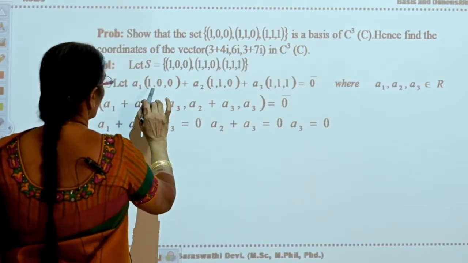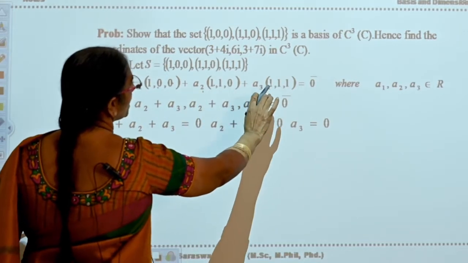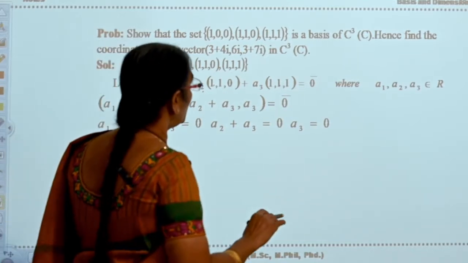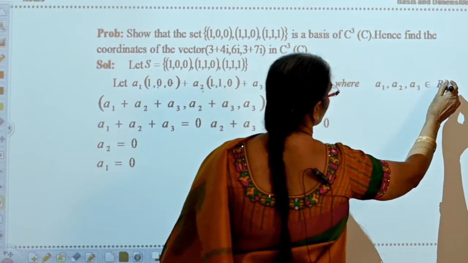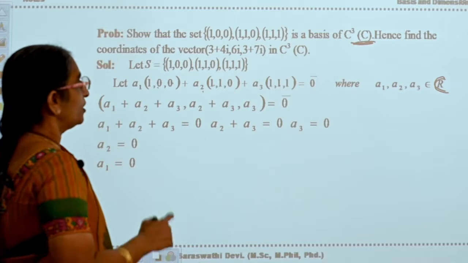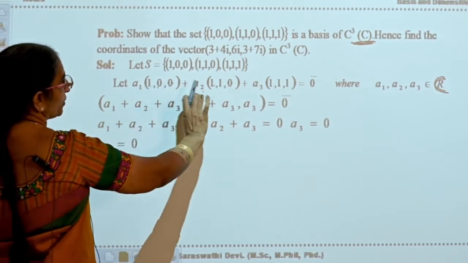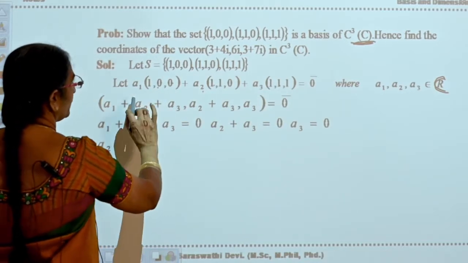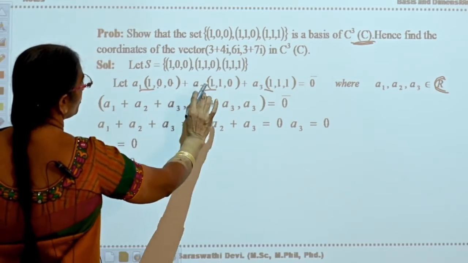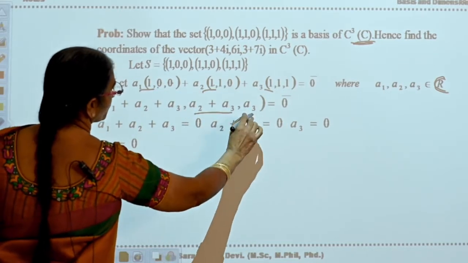Now consider a1 times (1,0,0) plus a2 times (1,1,0) plus a3 times (1,1,1) equal to 0 bar, where a1, a2, a3 belong to C, because the vector space is defined over C. You have to take them from C. So if you equate it to 0, then a1 plus a2 plus a3 is the first component, 0 plus a2 plus a3 the second component, 0 plus 0 plus a3 the third component.